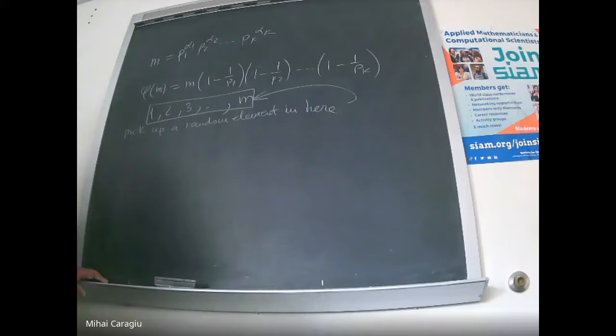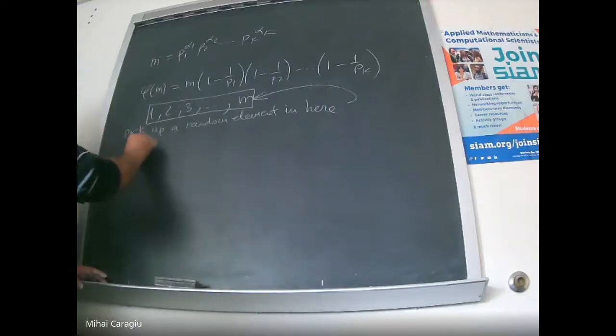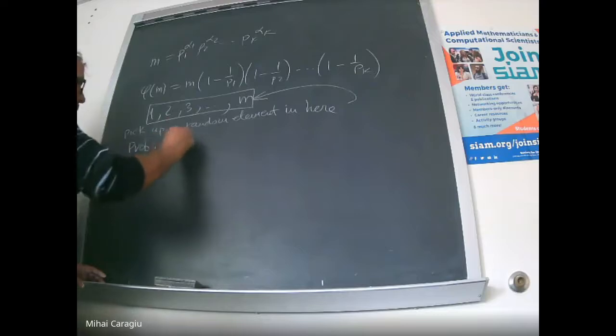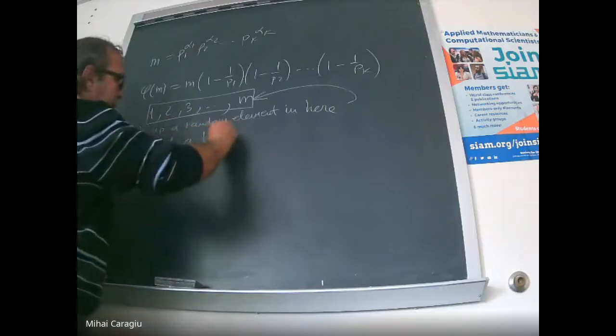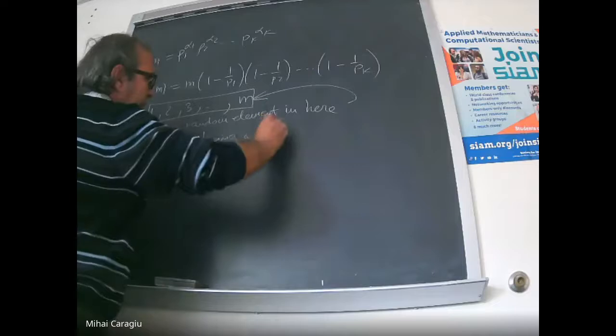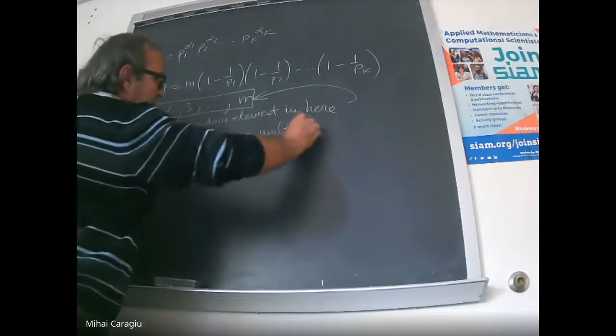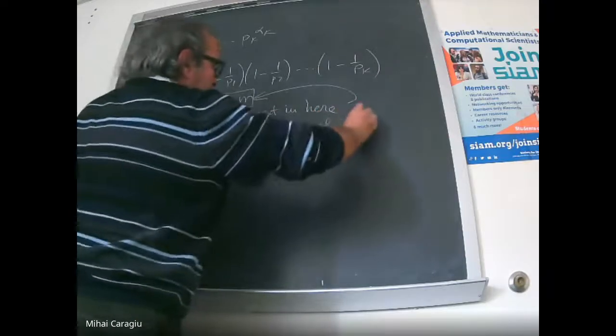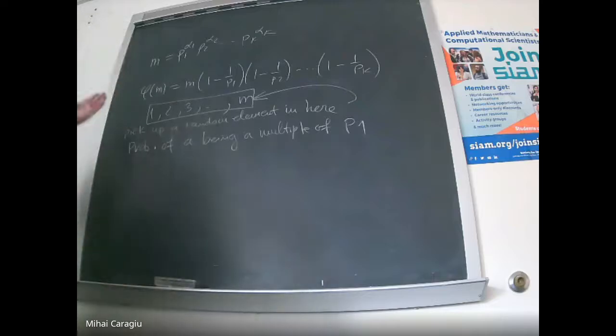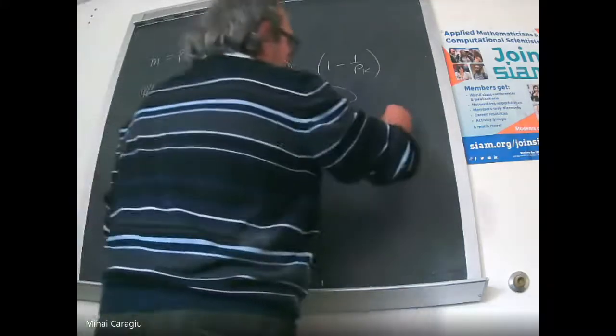What's the probability of A being a multiple of P1? Well, it's 1 over P1, because 1 out of every P1 numbers in this list is a multiple of P1. So it's 1 over P1.